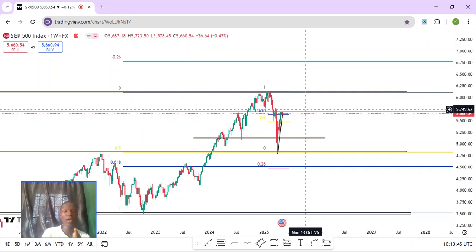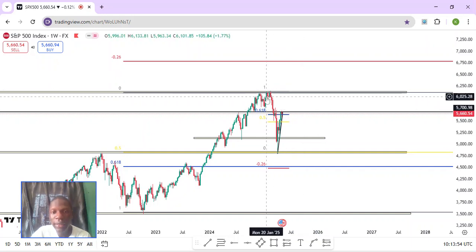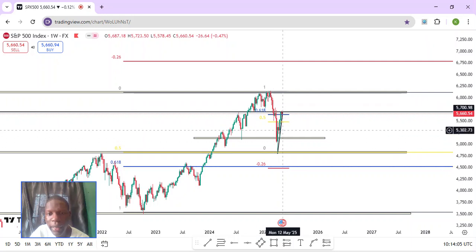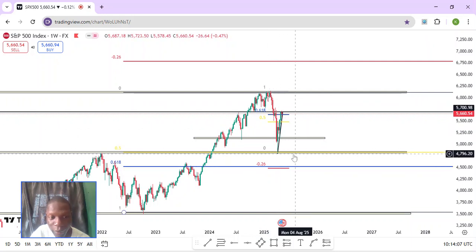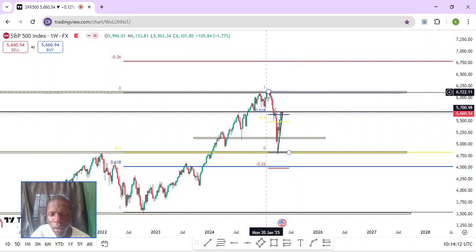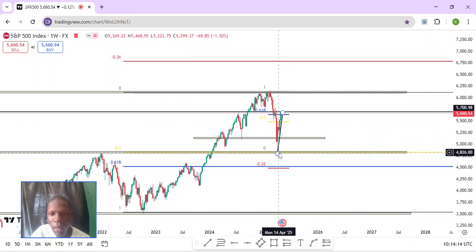But currently we are not investors, so we are going to be trading off the immediate trend. In the immediate trend, as you guys can see, this is a smaller double top, and the market came to this level here, gave us a lower high, lower low, and gave us another lower high.